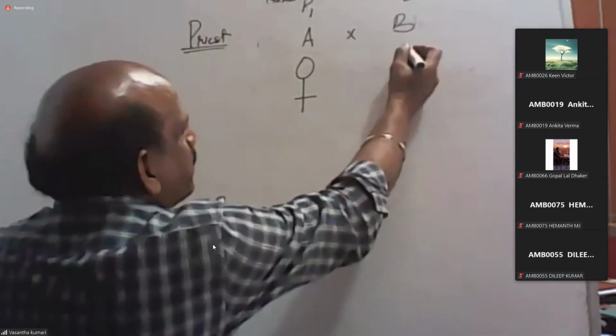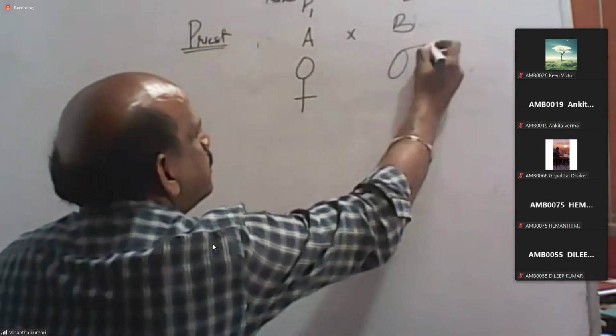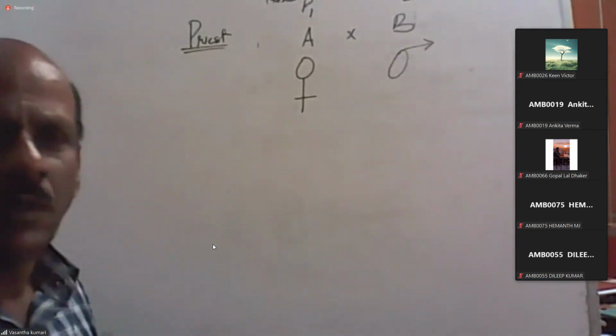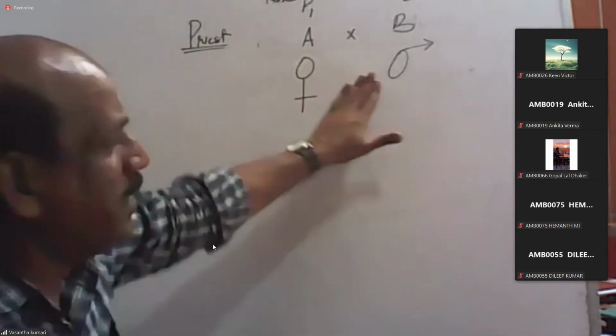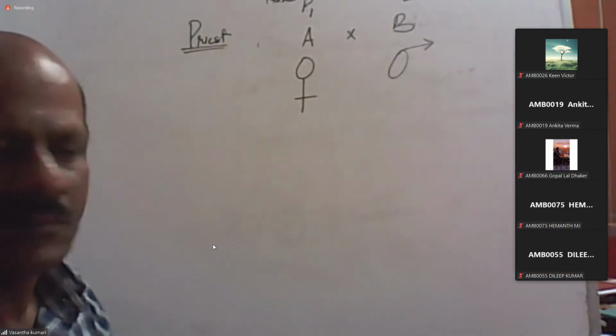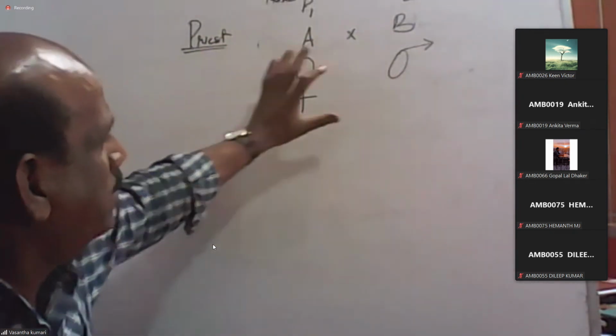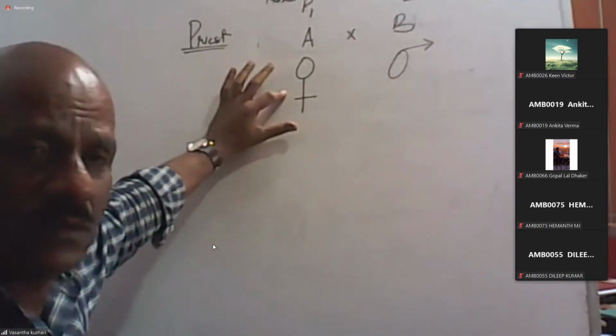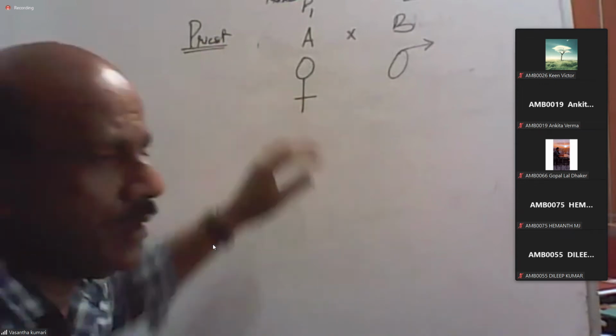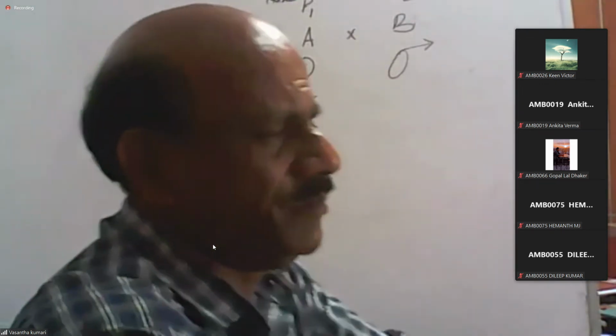The following parent is always male. That is how we symbolize female and male. There is a symbol for female. What is that symbol?